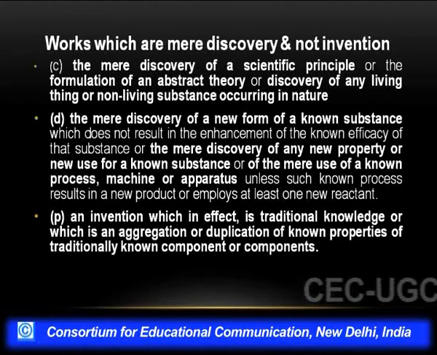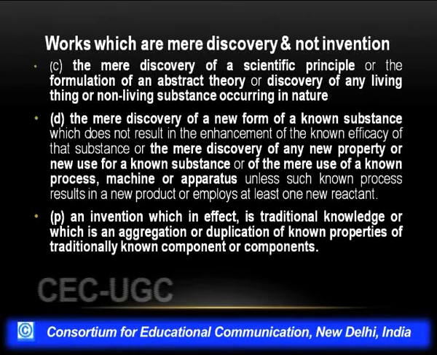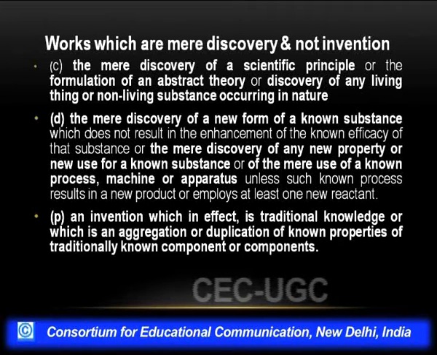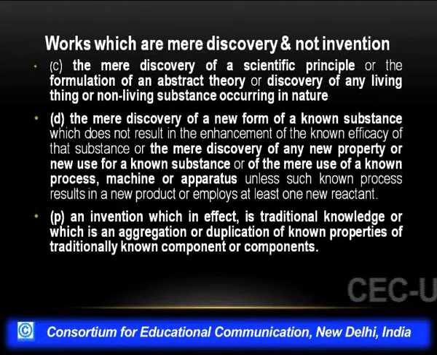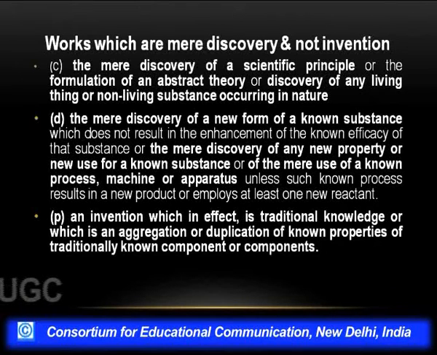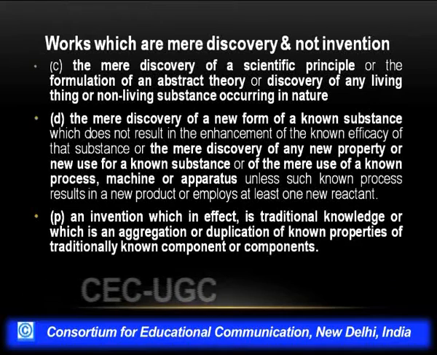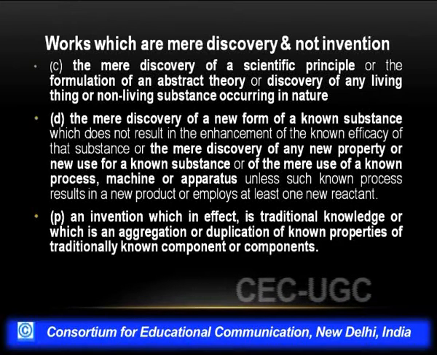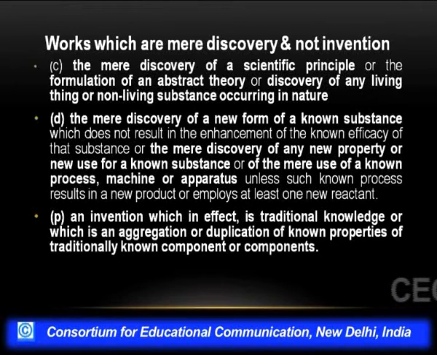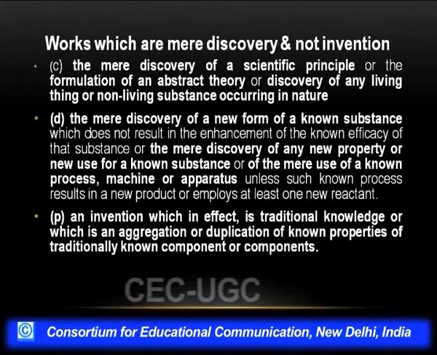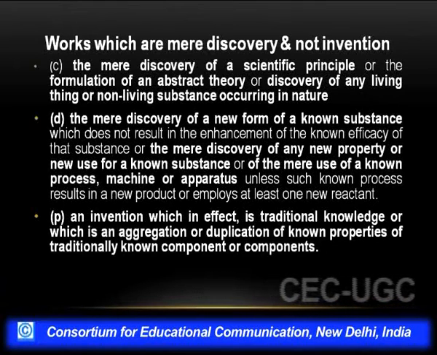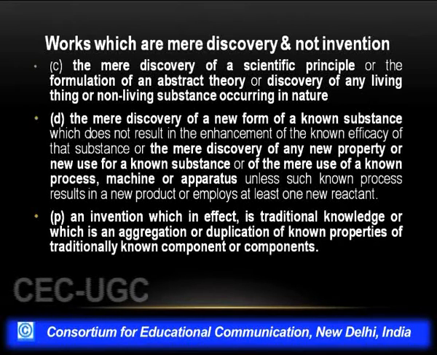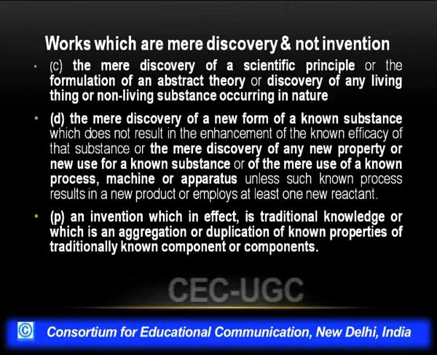So the term traditional knowledge is nowhere defined in the Patents Act 1970, but we can refer to the definition of traditional knowledge given by many organizations. For example, WIPO tried to give the meaning of traditional knowledge, which reads something based on traditional things: a traditionally based literary work, artistic work, traditionally based medicinal knowledge, tradition based knowledge about healing, traditional knowledge about other stuff.